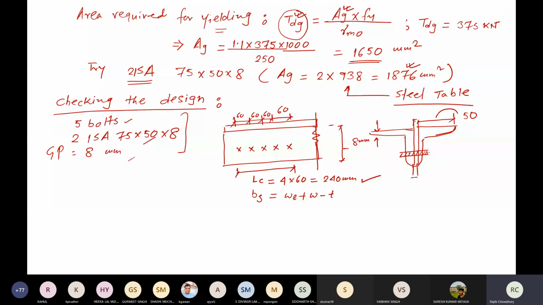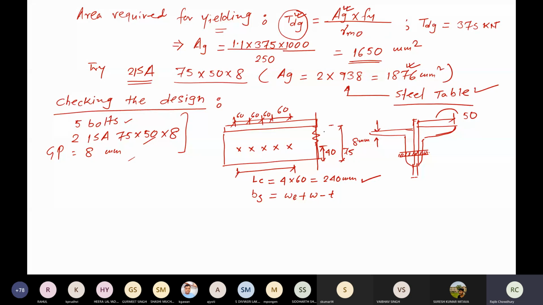So from here I have to get the pitch. Pitch means at which point within this angle the bolts are to be connected. So this would become for ISA 75 by 50 by 8. The pitch is already specified as per the steel table.